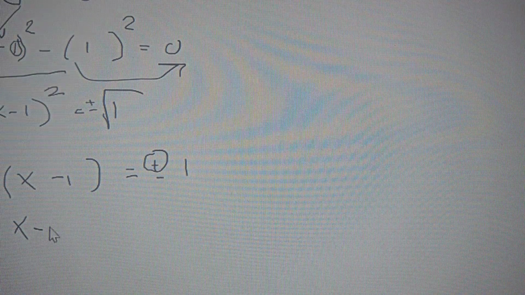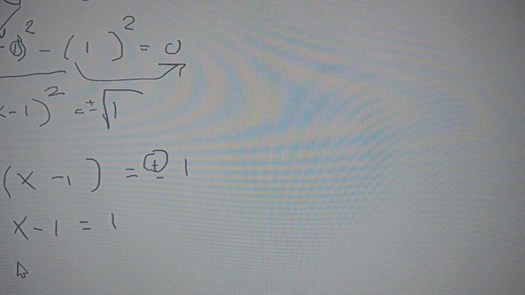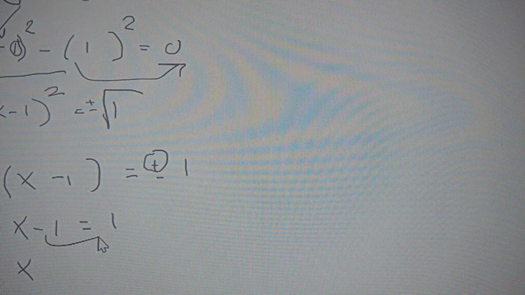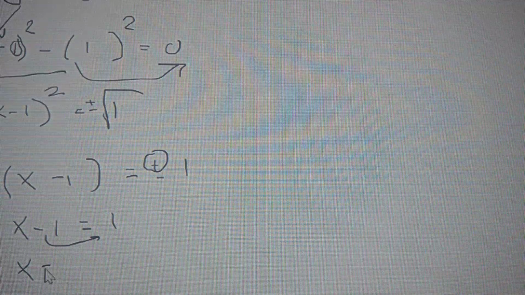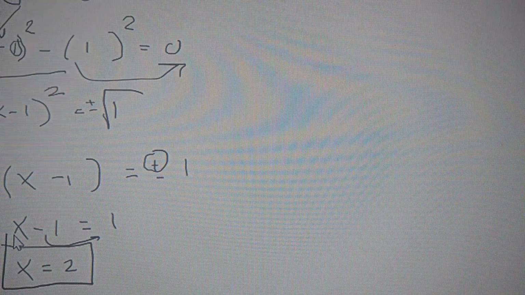Taking first the plus sign, x minus 1 is equal to 1. So moving this one to the other side, x is equal to 2. That's the first solution to this quadratic equation using completing the square.